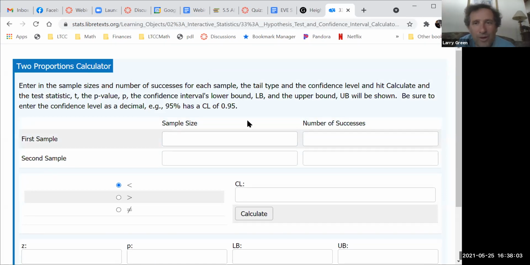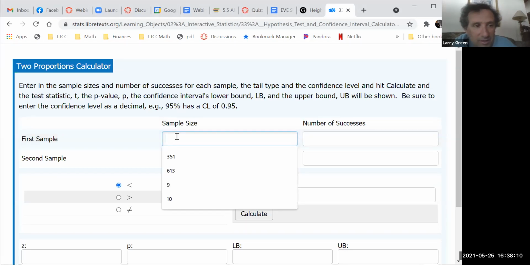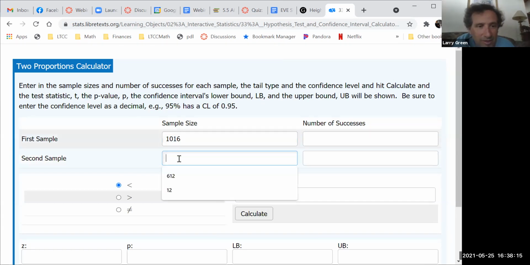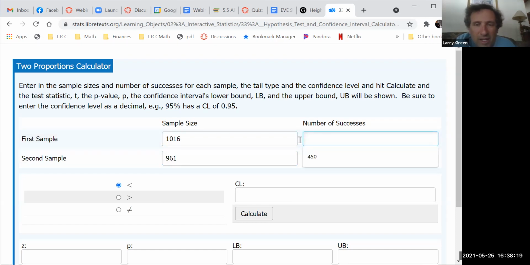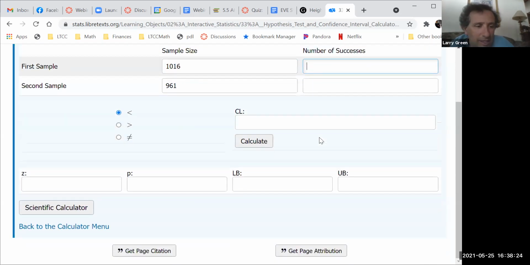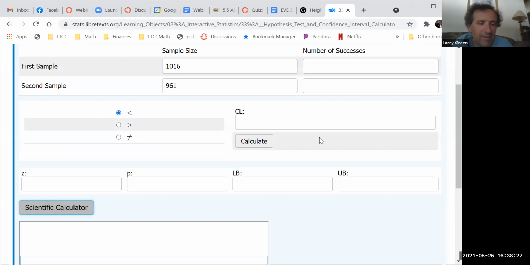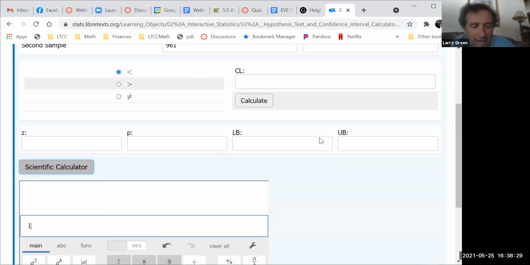So it asks for the sample size. And the sample size for our first one was 1016. For the second one, it was 961. Number of successes, well, we got to figure that out. And the way we figure it out is we go to our scientific calculator, and we take 1,016 and multiply that by 0.11.